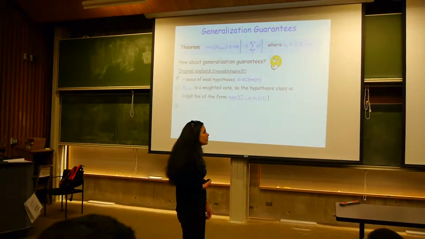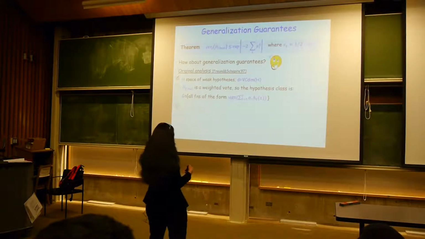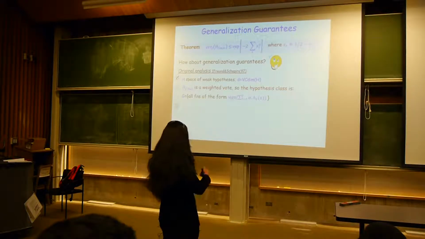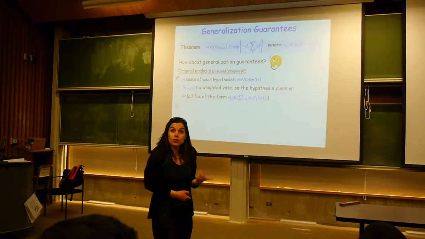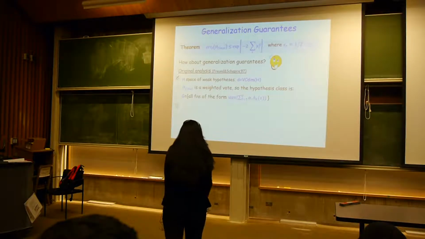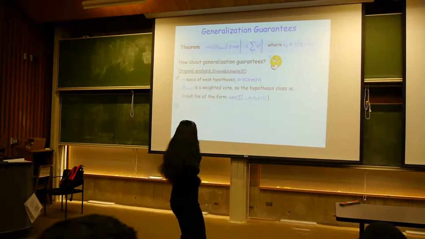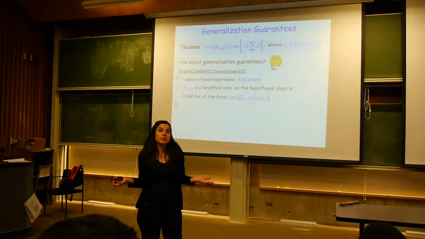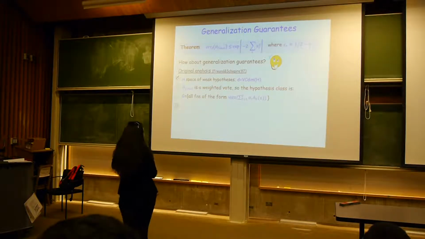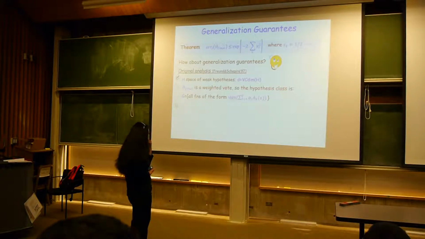In their seminal paper, Freund and Schapire obviously also asked the question not only to analyze the empirical error rate of the final classifier output by AdaBoost, but they also cared about the generalization error, about overfitting. The original approach in this paper was to basically use classic VC dimension based bounds, and they did come up with a generalization guarantee based on VC dimension of the following form.